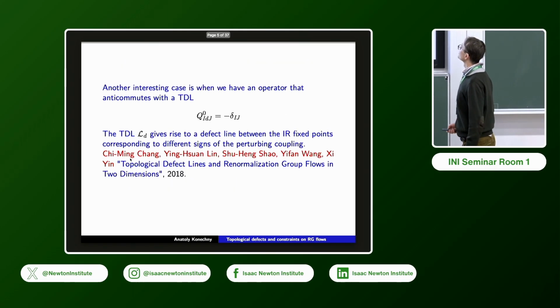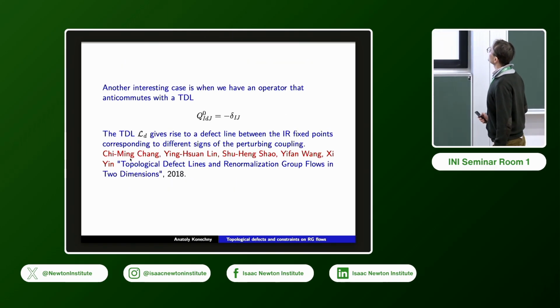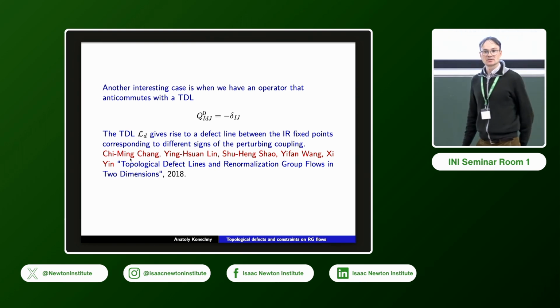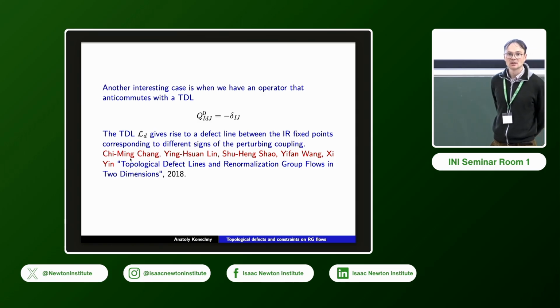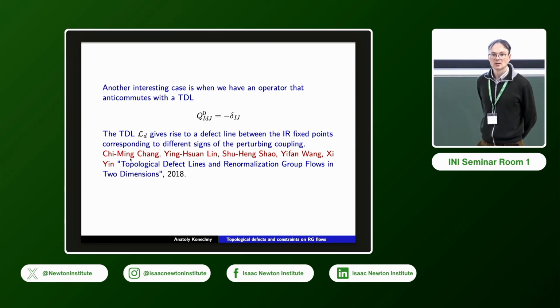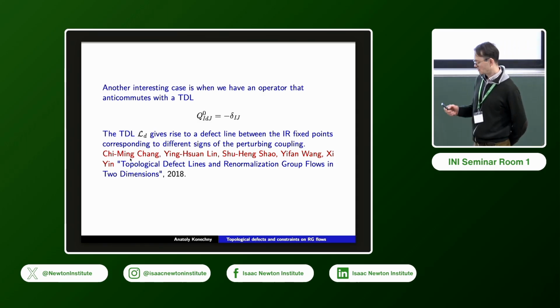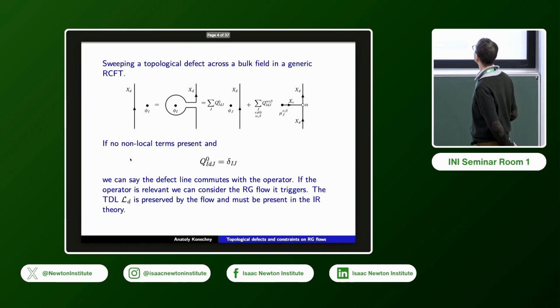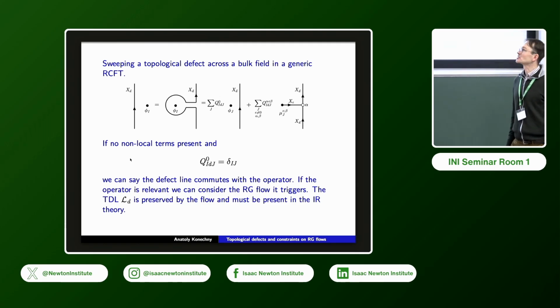Right. So another interesting case is when it anti-commutes. So it can happen that you pass through and it's multiplied by a sign. But in general, shouldn't you have the quantum dimension of the line, not just the negative delta? Like the line commutes with the operator, but it leaves behind some factor that's the quantum dimension of the line. Oh, yeah, you're right. So the normalization here depends on what normalization.